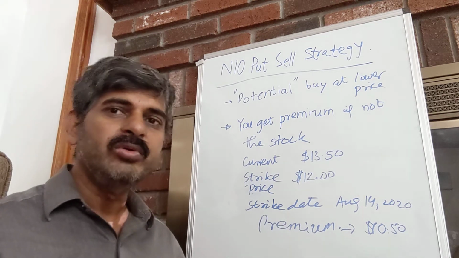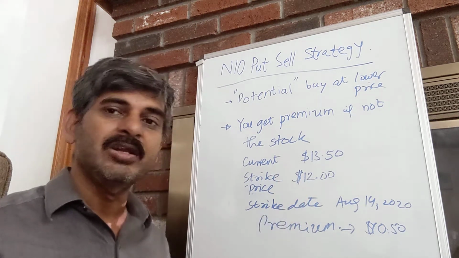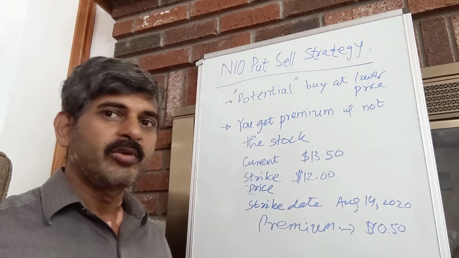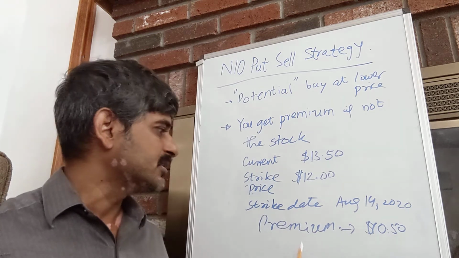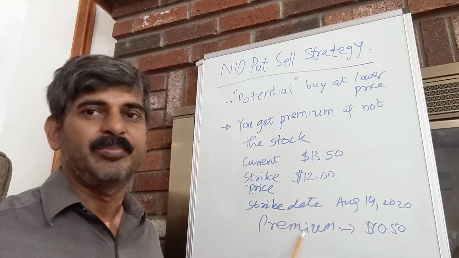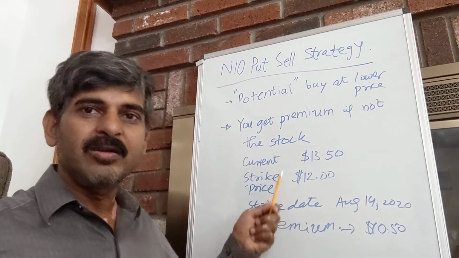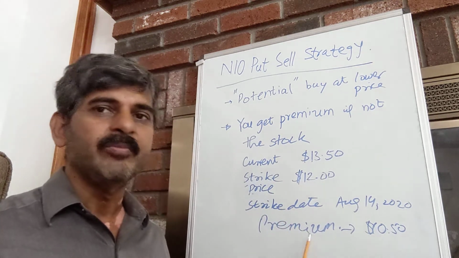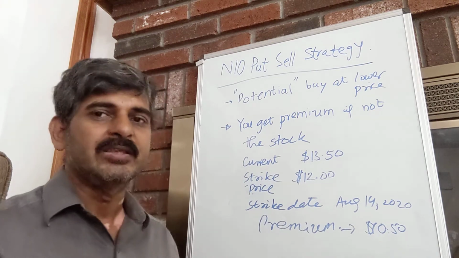But if you see that $13 is still very high, you set your strike price lower. What I typically do, since my intention is to collect the premium, is keep it a little far so that I don't get that share. I only get the premium. So that is how you strategize it.